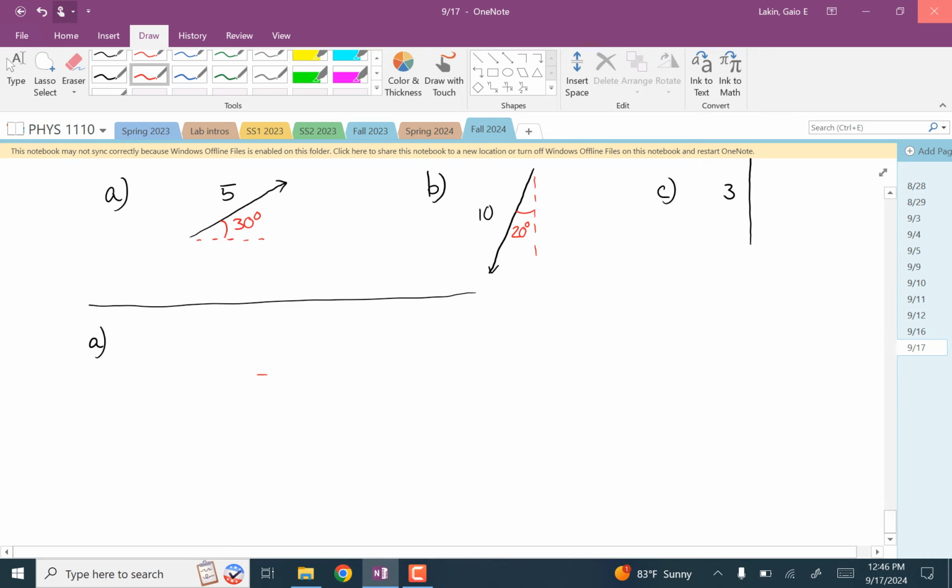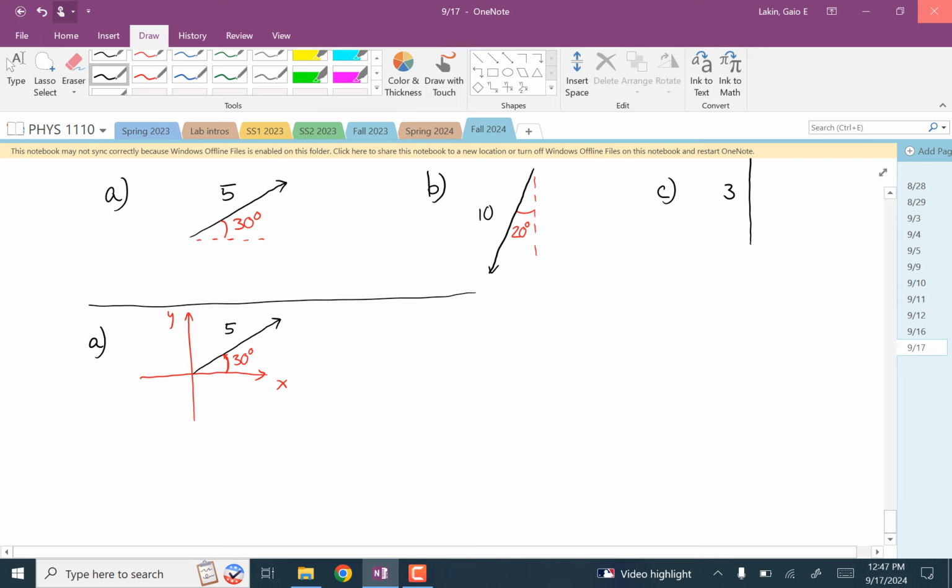our coordinate system is like this. The vector is this. This angle is 30 degrees. So to go from the positive x-axis to the vector, what's the theta we need? 30, positive 30, because it's counterclockwise.